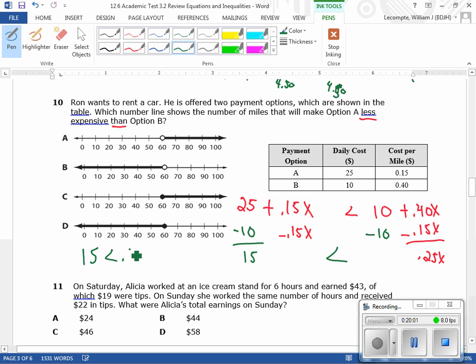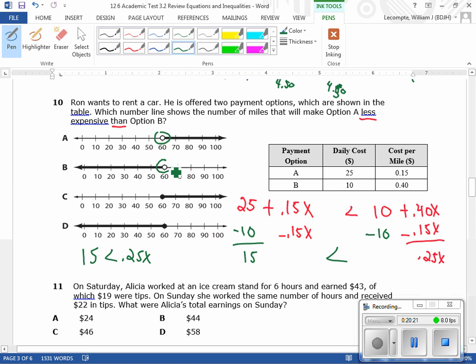So I can automatically know what the answer is without even doing the computation, because every one of them is equal to, less than, or greater than 60. So I know 60 is a factor.